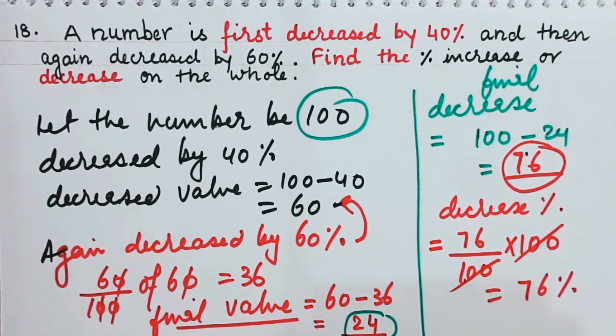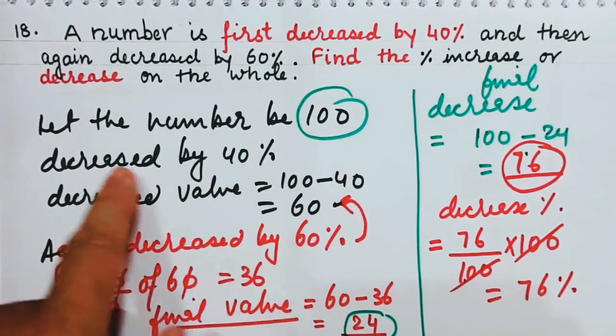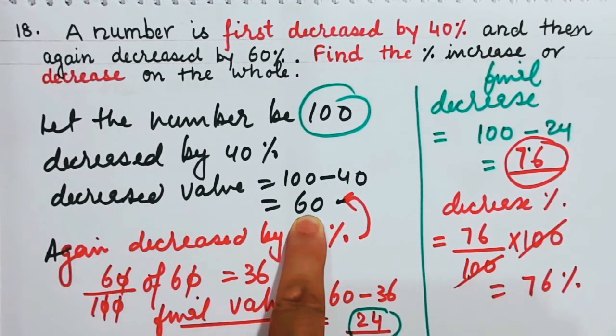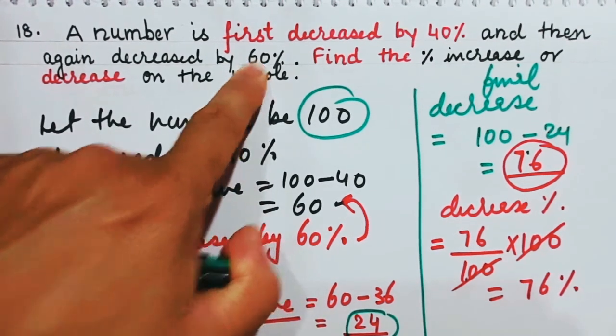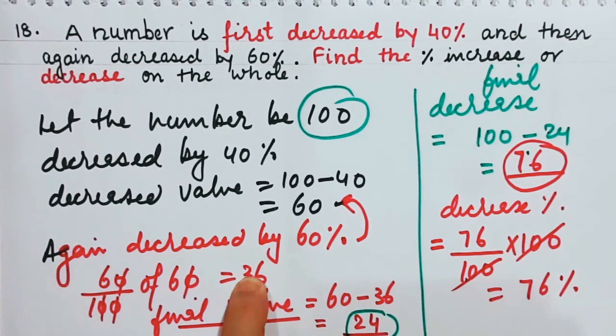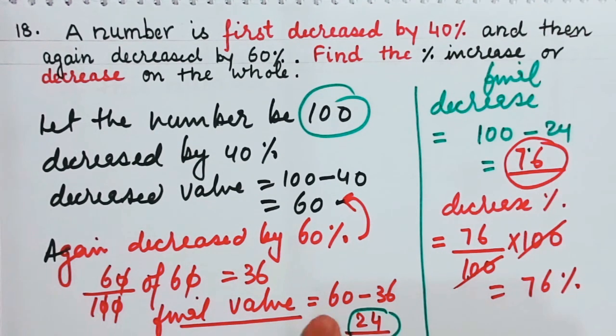I hope you people have tried to understand what actually they are asking. So if the number is 100, and the decrease is 40, naturally the decreased value is equal to 60. Again, they are decreasing it by 60%. So 60% of 60 is equal to 36, means your final value now becomes 24.